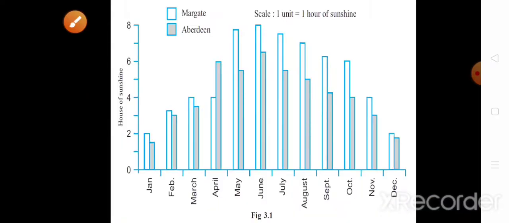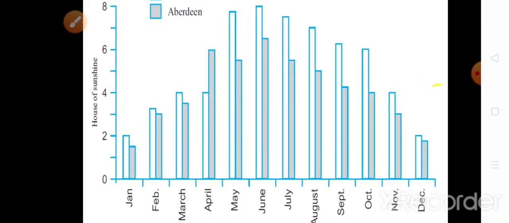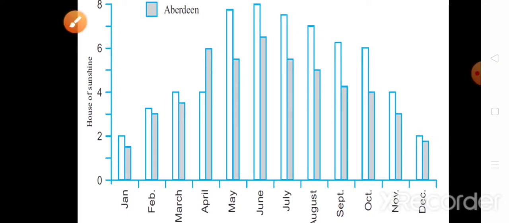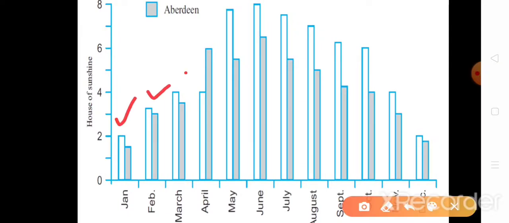So this is an image of a double bar graph where the x-axis represents the months, whereas the y-axis represents the number of hours of sunshine. Now, if you have noticed properly, two bars are there for each of the months, which don't have any gap in between them, and their widths are equal, as well as these months being distributed equally.